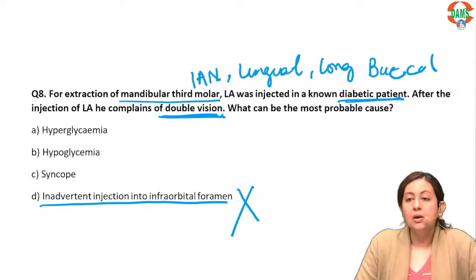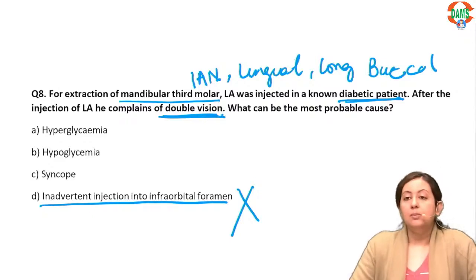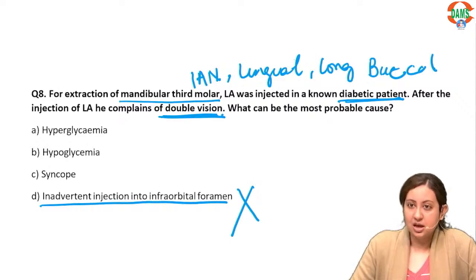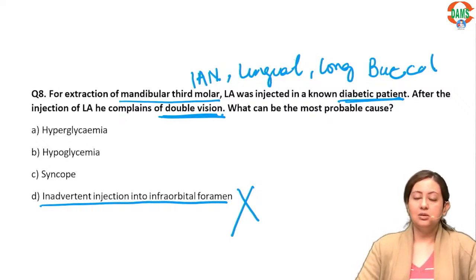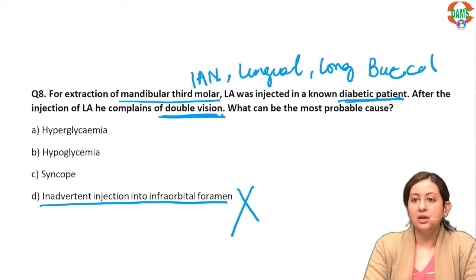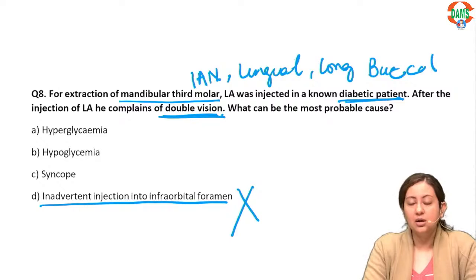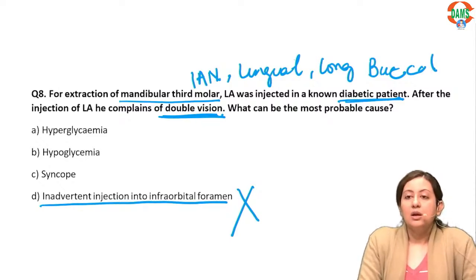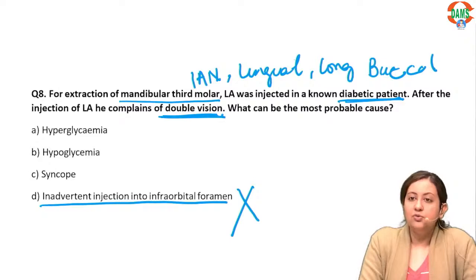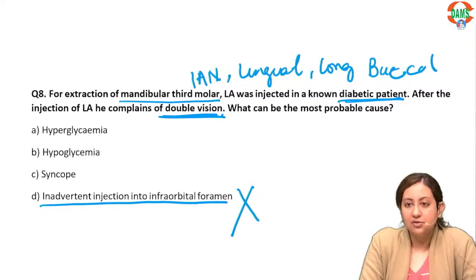Now the thing is, a diabetic patient, like I told you, will have either hyperglycemia or hypoglycemia. Now again, if the patient is having double vision, that means that the patient is having syncope. Now again, we have two very close options to decide from.